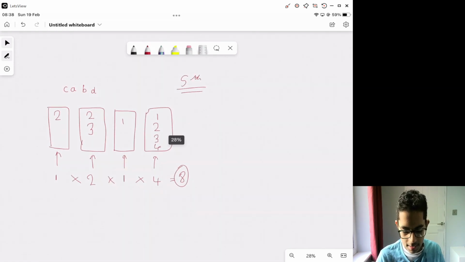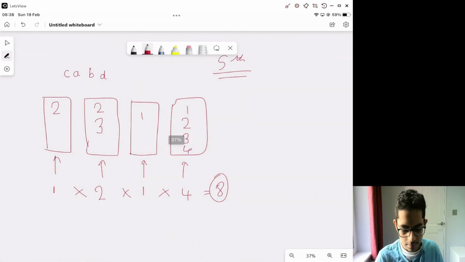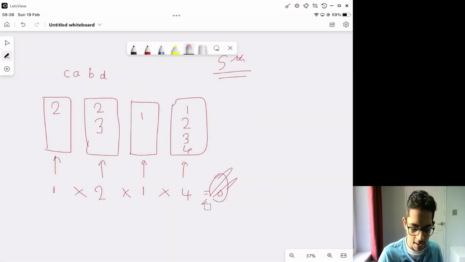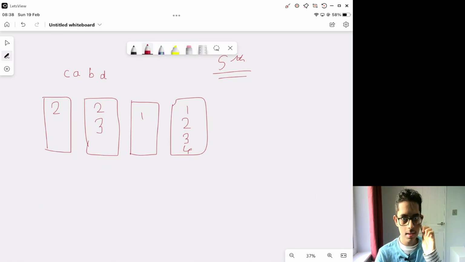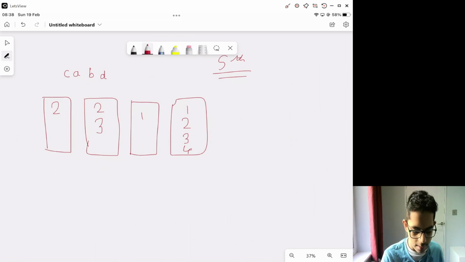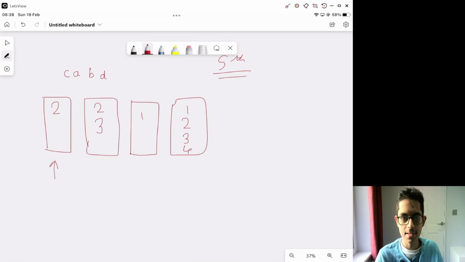Now, you might be thinking, okay, now we have 8 different preference lists, but how does this actually help us generate the 5th possible preference list? So that's what we will cover right now. If we consider the number of preference lists which start with this particular 2, this isn't a trick question, it's basically all of them, since the 2 has to be the first one.